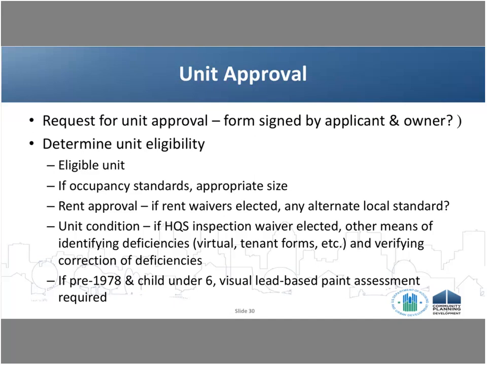Even if you elect the rent waivers that include not having to determine that the rent is reasonable under the traditional program standards, we mentioned last time, and I'll emphasize again, as a PJ, you are responsible to ensure that all of your expenditures under the program are reasonable.